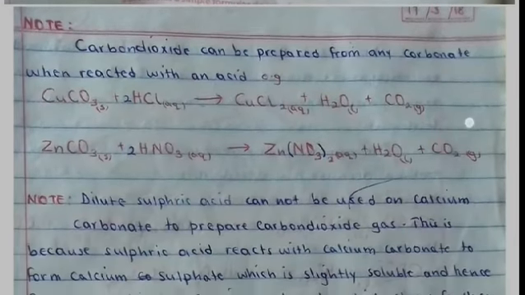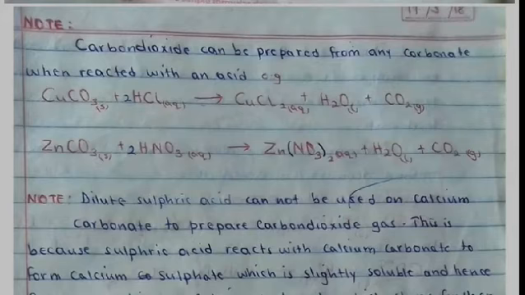Then there is a note that carbon dioxide can be prepared from any carbonate when reacted with an acid. So if you get any carbonate and you react it with an acid, you form carbon dioxide gas, and that process is called the laboratory preparation of carbon dioxide gas.